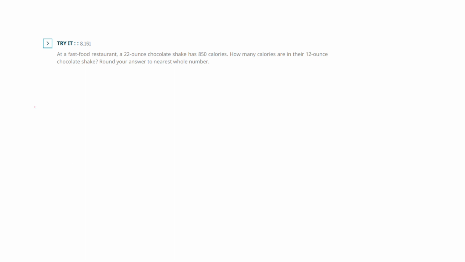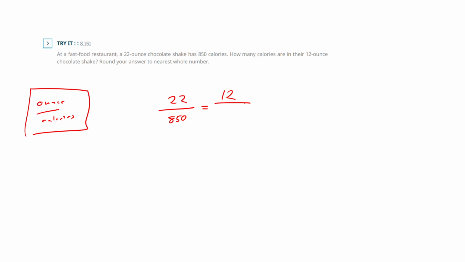All right, so we've got ounces to calories again. It doesn't matter which one goes on top and which goes on the bottom, really, as long as you're consistent. You could have done calories over ounces. As long as you're consistent, it's going to work out. Now on this other side, this is helping me, so I do recommend it. So I've got ounces over there, so I'm doing 12. And I'm looking for calories. So now I'm just multiplying diagonally.